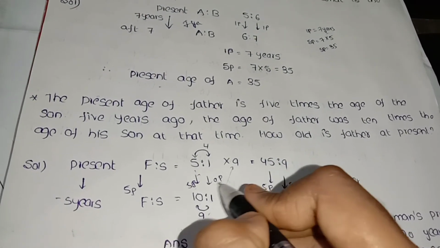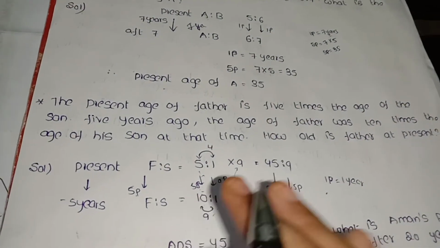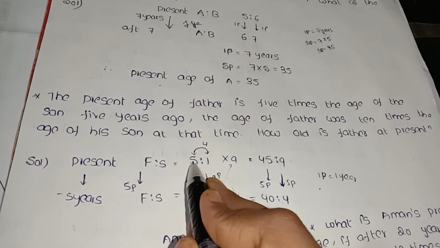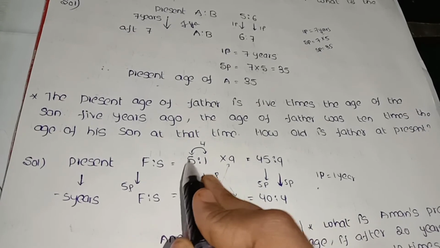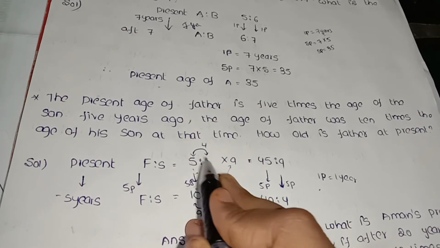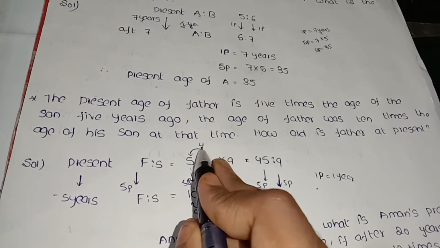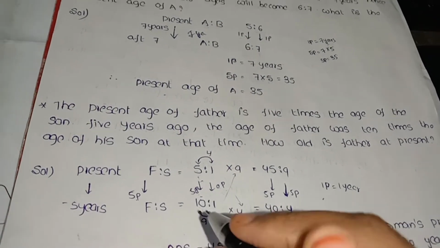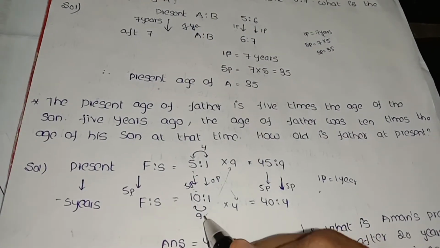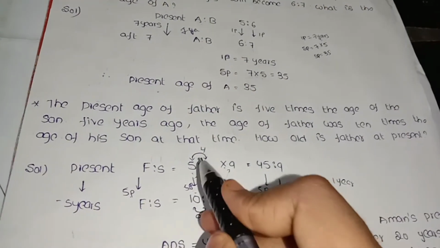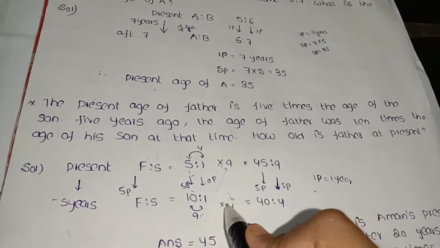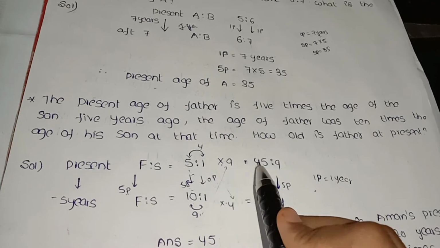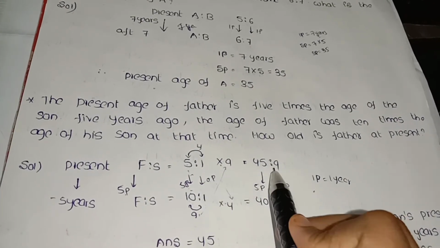Here 5:1, here 10:1. What is the difference between these? Here the difference is 4 parts and here 9 parts. So, are these equal? No. In these cases, first we have to take the difference between these ratios. The difference between 5 and 1 is 4 and the difference between 10 and 1 is 9. You have to do cross multiplication. This 9 is multiplied with this ratio and this 4 is multiplied with this ratio. I am getting 5 9s are 45 and 1 9 is 9.